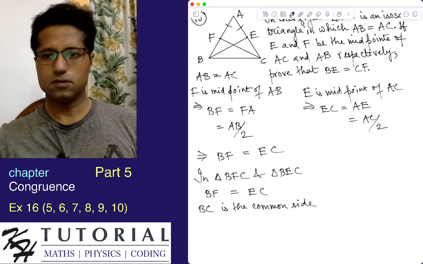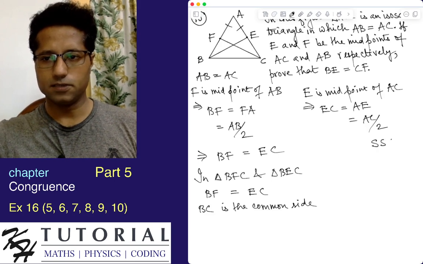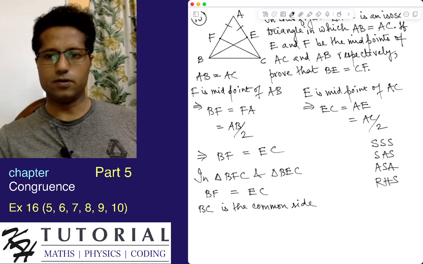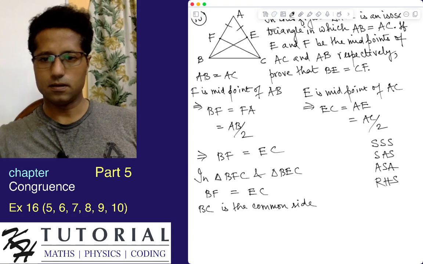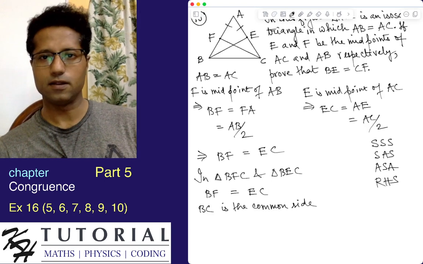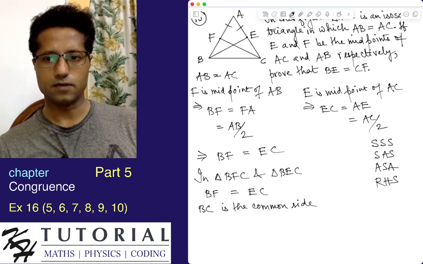The congruence properties are SSS, SAS, ASA and RHS. So we already have two sides, and we do not see any right angle forming. So we are not sure whether these two triangles are right angled or not.